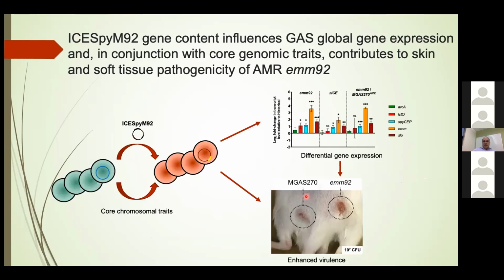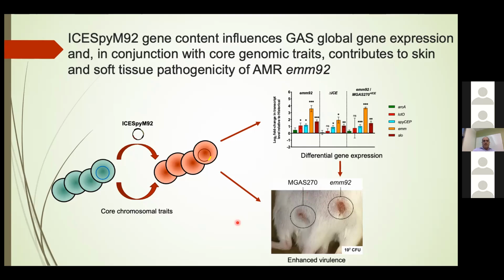So what these data have led us to conclude is that ICE-Spy M92 gene content influences GAS host gene expression, and in conjunction with core genomic traits of the contemporary M92 strains, is contributing to the enhanced skin and soft tissue virulence that is observed in M92 isolates.